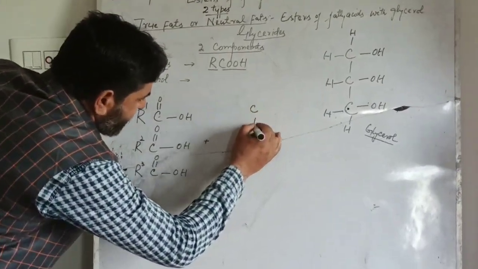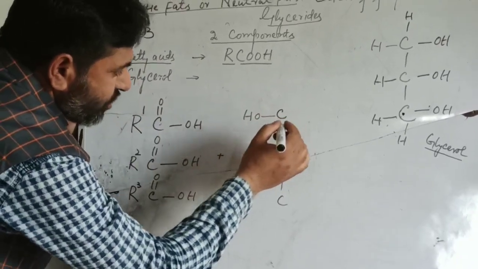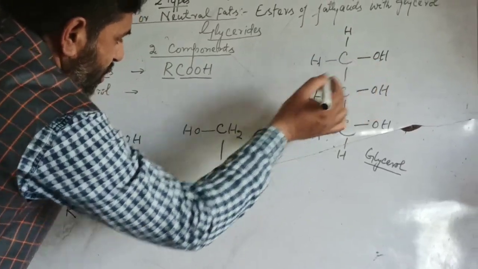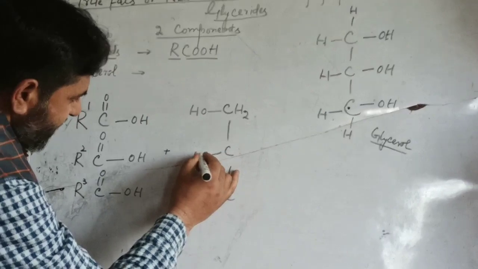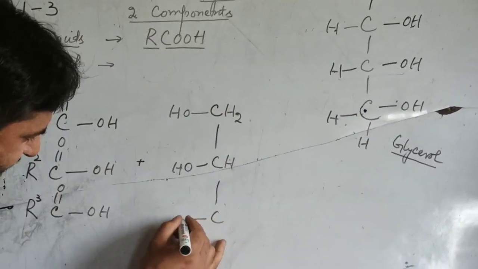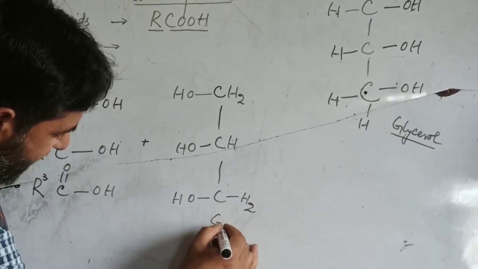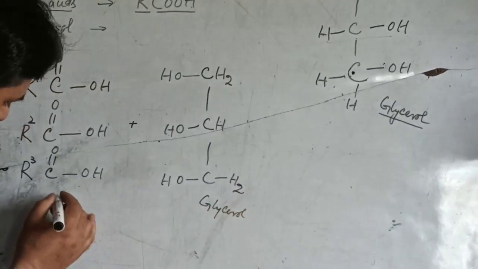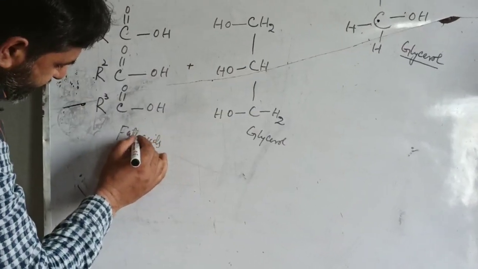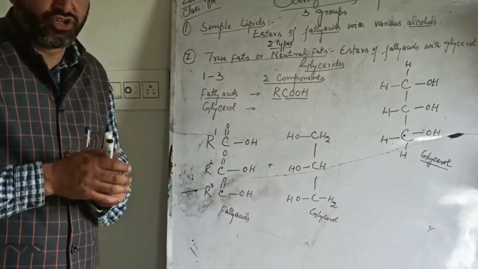Then we take the glycerol molecule, with the formula CH2OH, CHOH, and CH2OH. So we take 3 fatty acids and 1 glycerol.